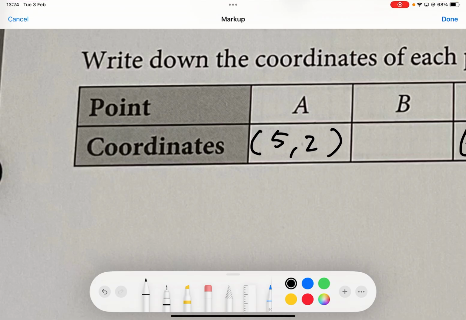The first number is the left and right. The second number is the up and down. Up, down, left, right. Then you can specify a specific point. No. It's wrong. I told you already. We must specify the left, right, then specify the up, down.